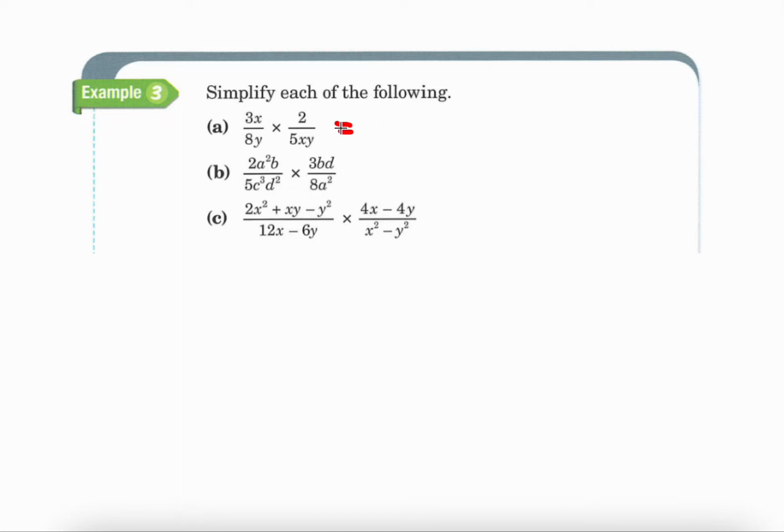So this is multiplication, so we're going to multiply across. 3x times 2 is 6x over 8 times 5 is 40. And then I have an x by itself, and I have two y's. Y times y is y squared. Now at this point, I can actually reduce some, because remember, any number divided by itself is equal to 1.